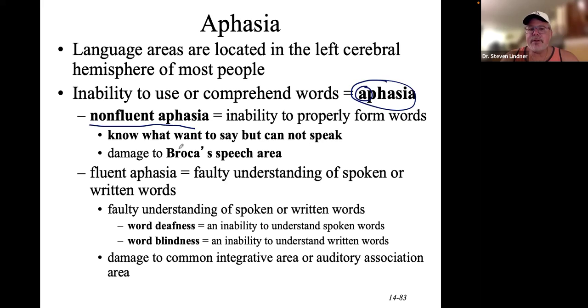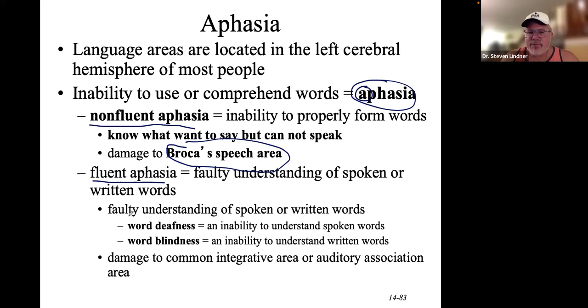And that's typically due to damage to Broca's area, which is number 44. That's non-fluent aphasia. When it's fluent aphasia, this is a faulty understanding of a spoken word or a faulty understanding of what you are reading. That's fluent aphasia.